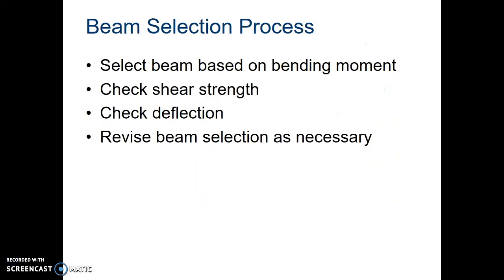So what we're going to be doing in the following videos is we're going to select beams based upon bending moment. Then we are going to calculate their shear strength, and we're going to calculate their deflection. And if the beam is within the parameters of the deflection calculations, it's going to be considered a usable beam.